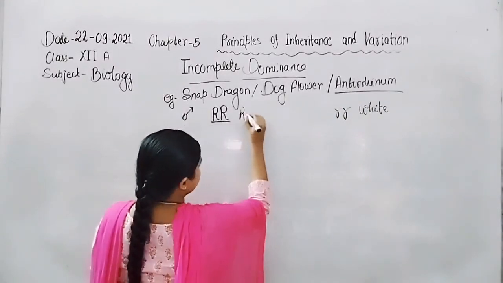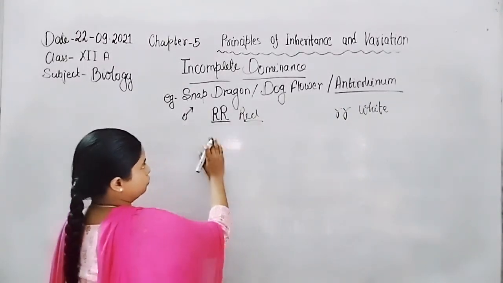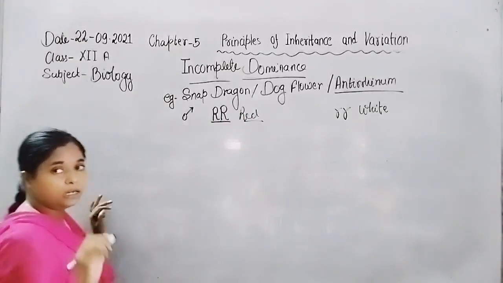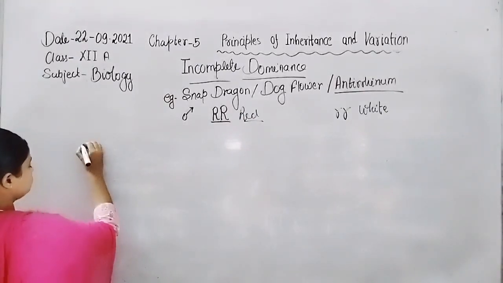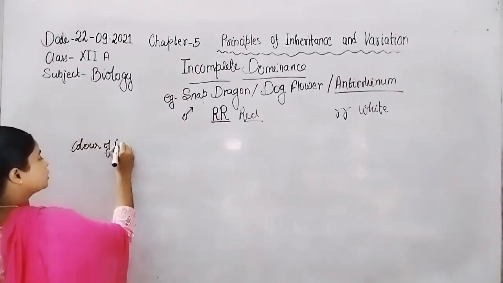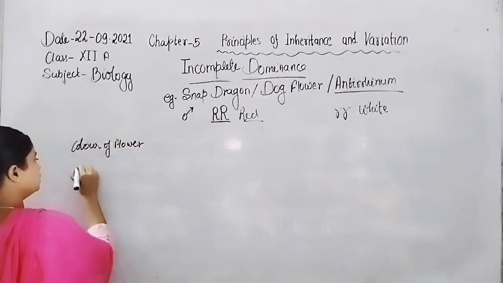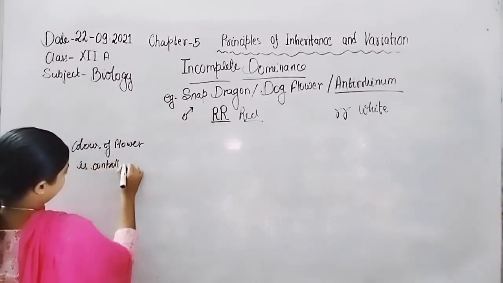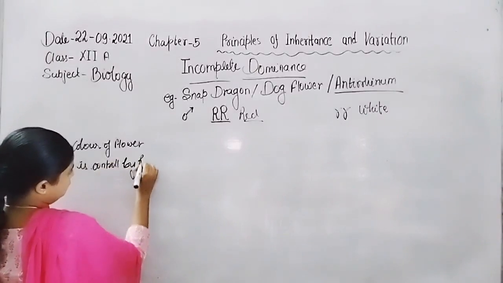Here is red in color. So the color of the flower is controlled by the R gene.